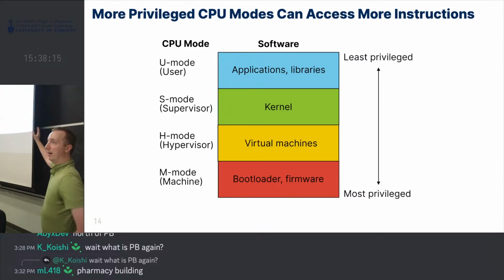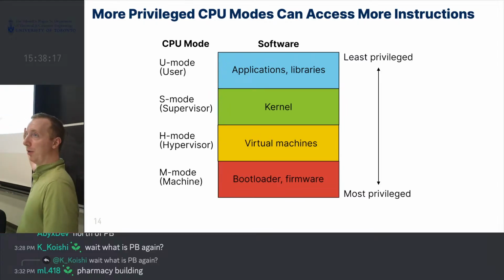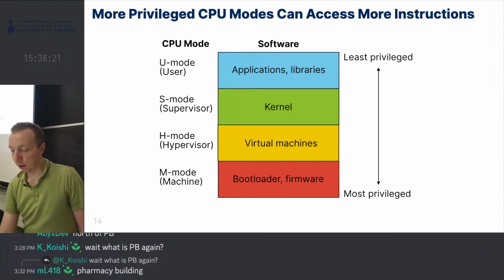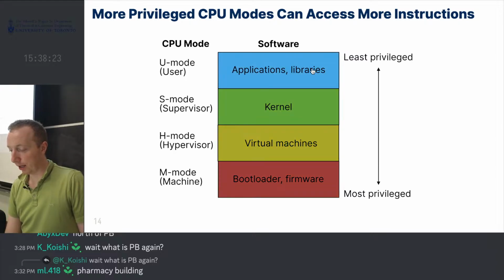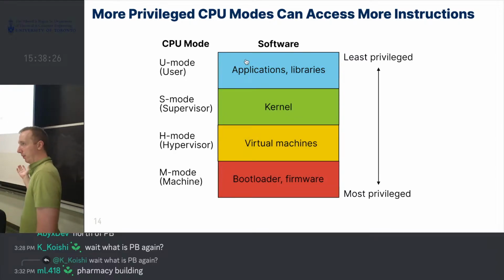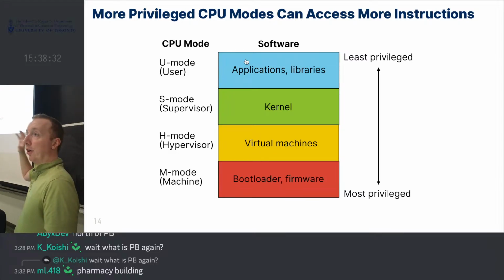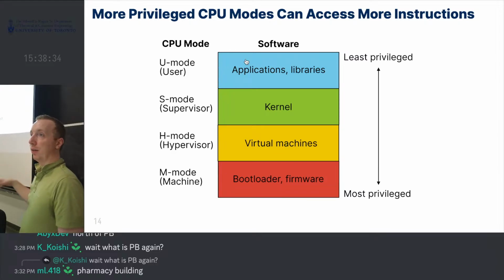So this is how it looks on a modern CPU. This is as complicated as privilege modes get. Anything you've ever written in any C program, like 105, that code is actually executing in something called user mode, or U mode on RISC-V.